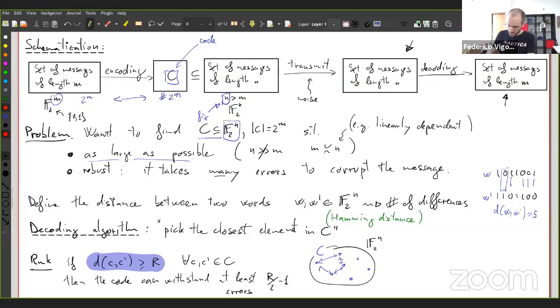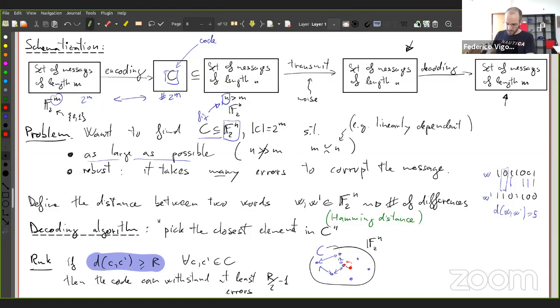Then when we send the message, we make some errors, but each error is at most at distance 1. And so if we didn't make many errors, we're still inside the ball here. Now, this picture is out of scale, so let me just do 1 error. And we see that the original point is still the closest one. And so when we decode, we are going to get the correct one.